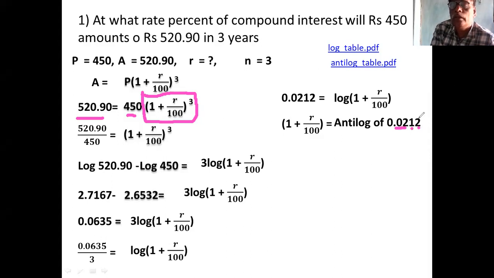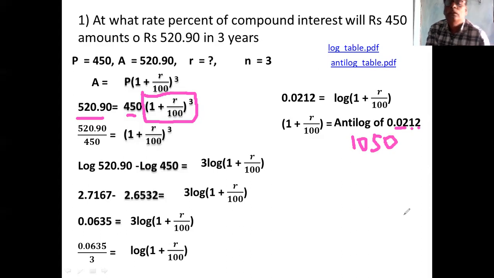You go to the mean difference column 2 and add that number to the number in the Mantissa column. Yes, anyone tell me? 1050. 1050 is your answer. This is the value as per the antilog table.